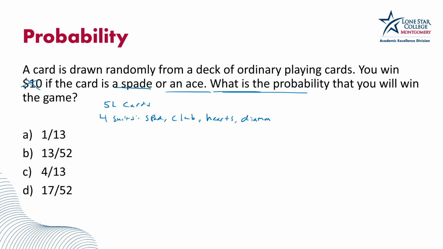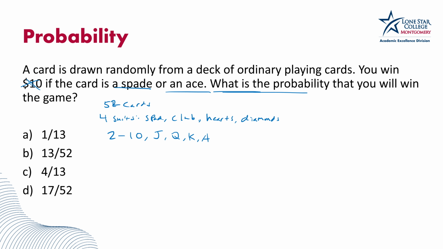And each suit has the same type of cards. So the types of cards are number cards 2 through 10, Jack, Queen, King, and Ace. So all suits have that exact same types of cards. And there's a total of 52 cards here.